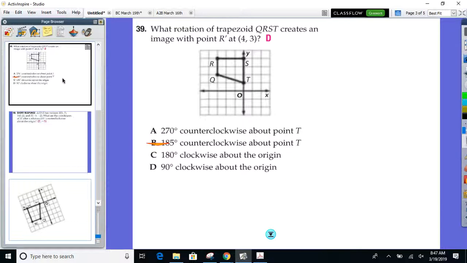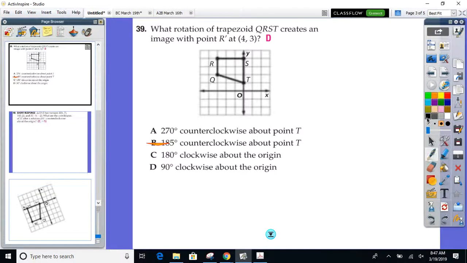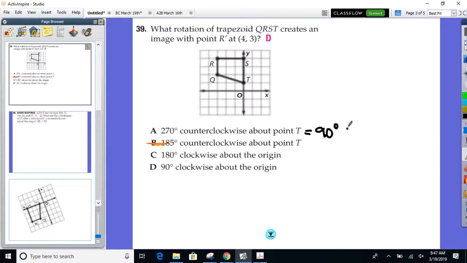anybody see point T? Okay, so point T is going to stay where it is. If I go 270 counterclockwise, that's the same as what clockwise? 90 degrees clockwise. Okay, so right now, this point is at negative 3, 4.